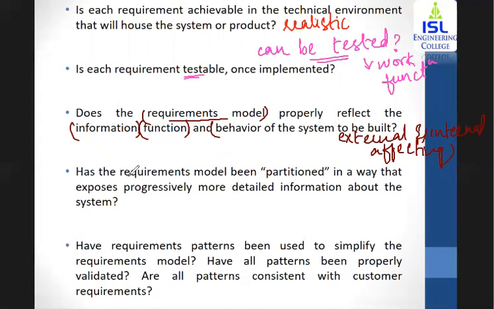So you're going to check the requirement model so that it has all of this information about the system. Then the next one is, has the requirement model been partitioned in a way that exposes progressively more detailed information about the system? That is, whether you have split the problem into sub problems. Within one problem, you're going to have 3 or 4 categories, and you get more detail about how you're going to address the problem.